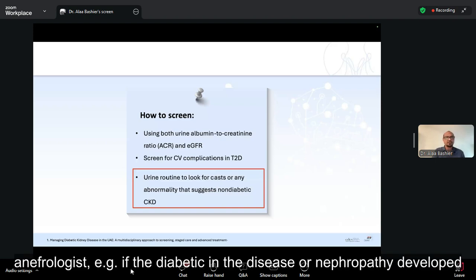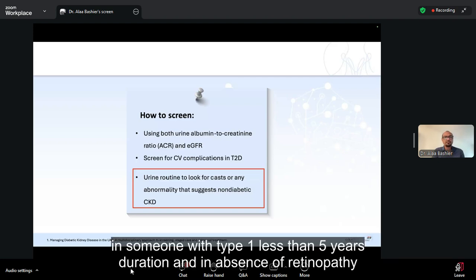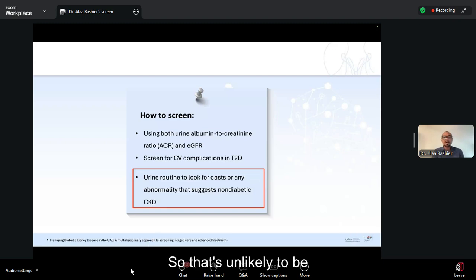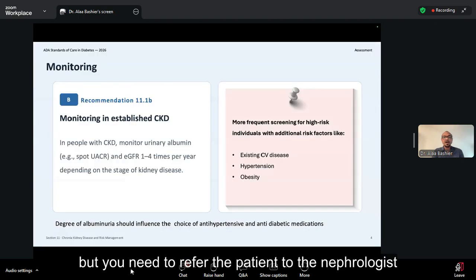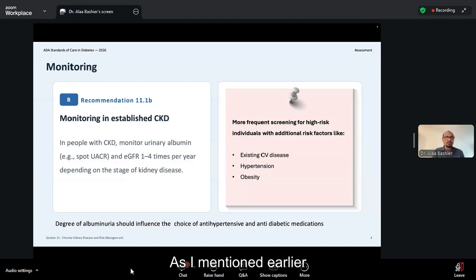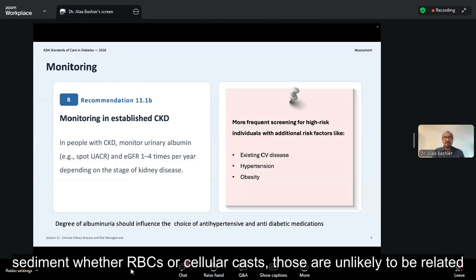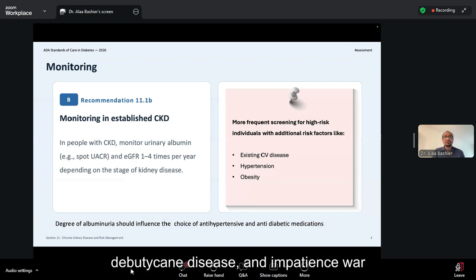For example, if diabetic kidney disease or nephropathy develops in someone with type 1 of less than 5 years duration and in absence of retinopathy, that's unlikely to be diabetic kidney disease, and you need to refer the patient to the nephrologist. As I mentioned earlier, if there is an active sediment, whether RBCs or cellular casts, those are unlikely to be related to diabetic kidney disease.